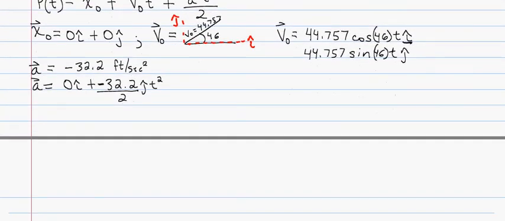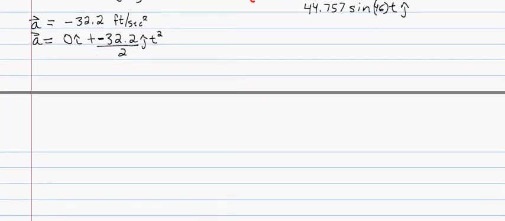So if we combine all these pieces together, let's write this again. The position at any given time is equal to x naught plus v naught times time plus the acceleration vector times time squared over 2.